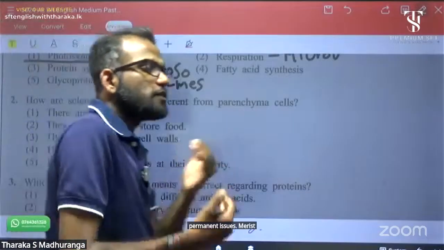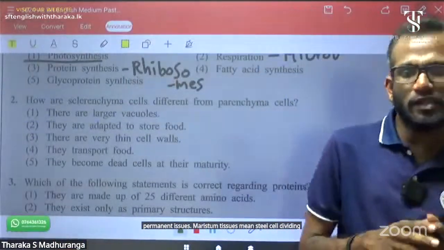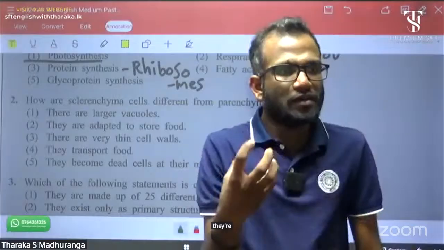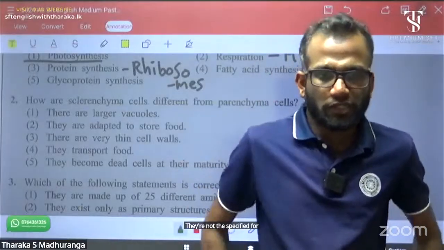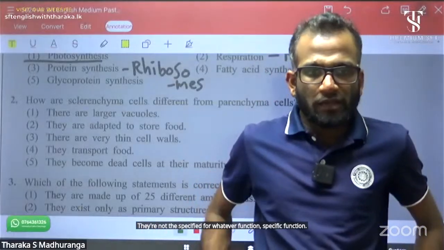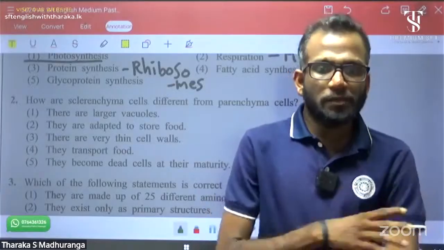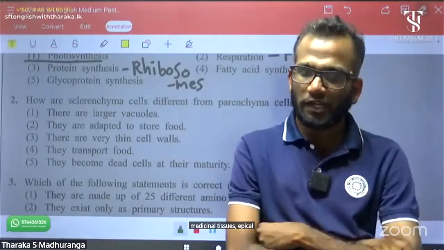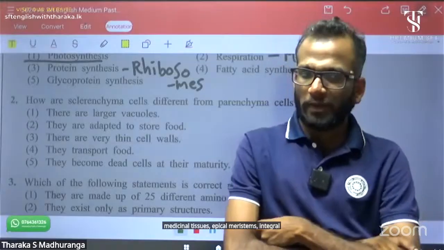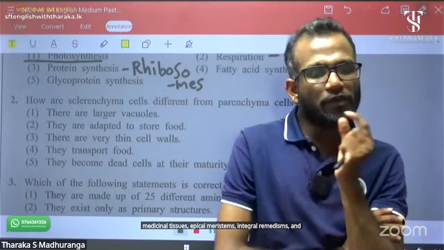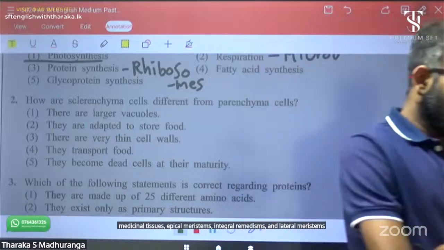Meristem tissues means cells are still dividing and producing new cells. They are not specialized for any specific function. Apical meristems, intercalary meristems, and lateral meristems are examples of meristematic tissues.